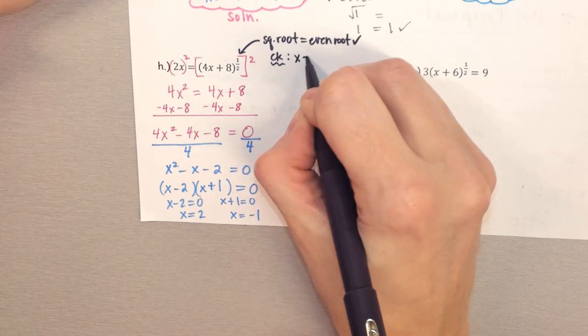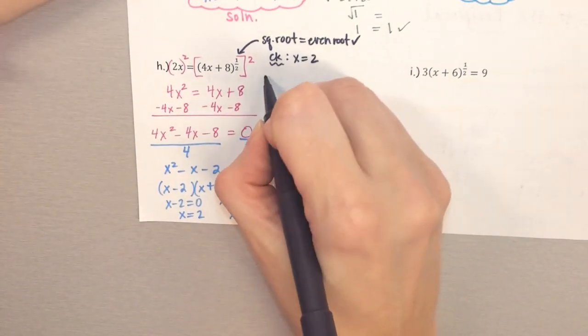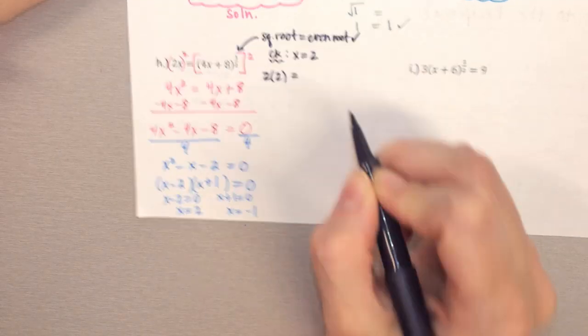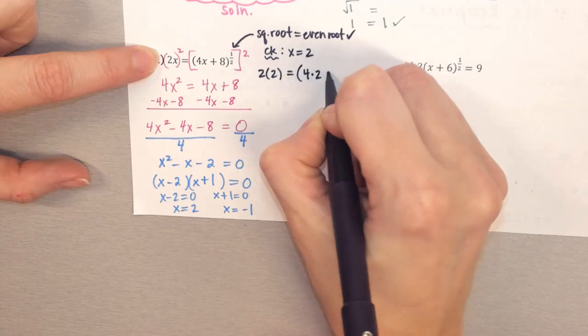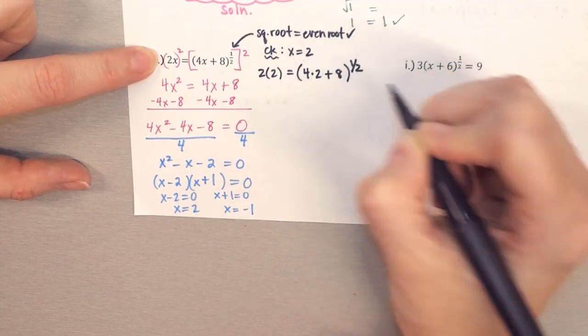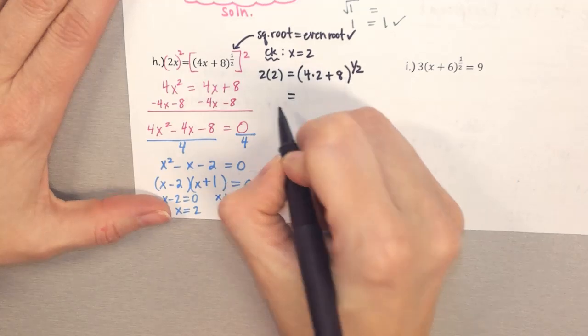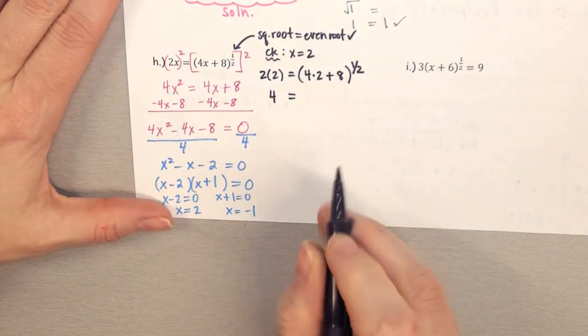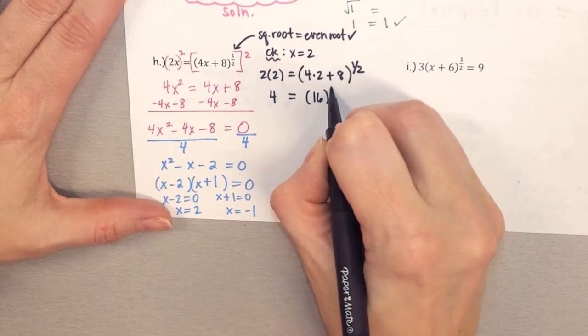Okay, so for x equals 2, again, first step should look exactly like this. The only difference is you have 2 plugged in for x. Okay, so on this side it's just 4, that's great. 4 times 2 is 8. 8 plus 8 is 16.